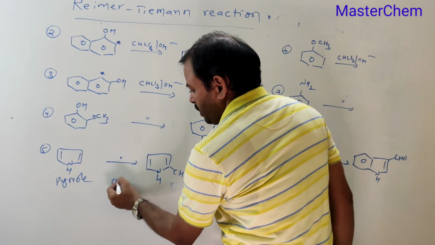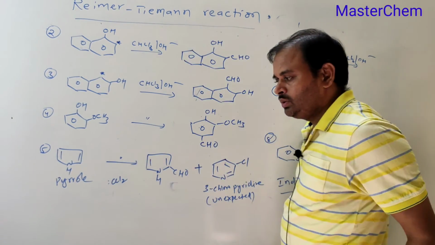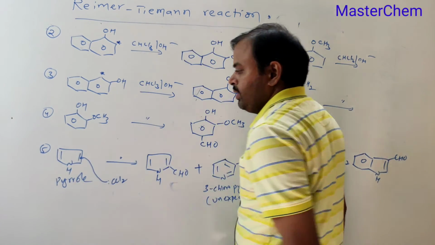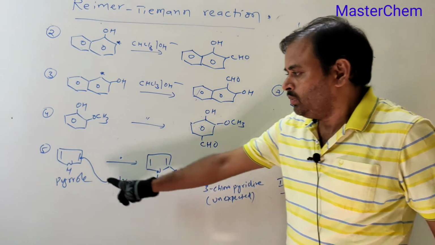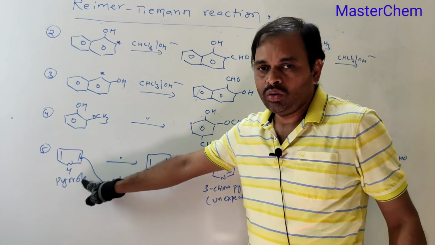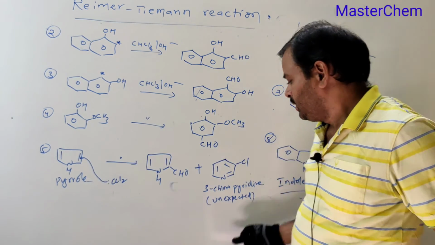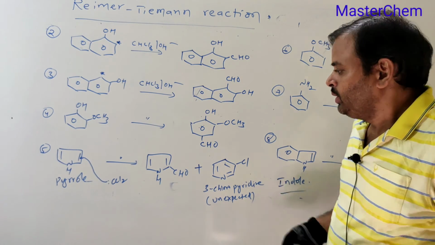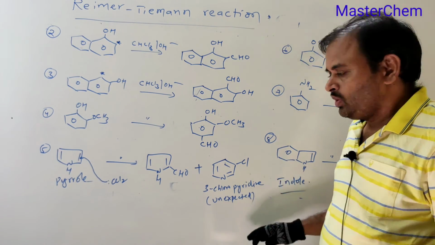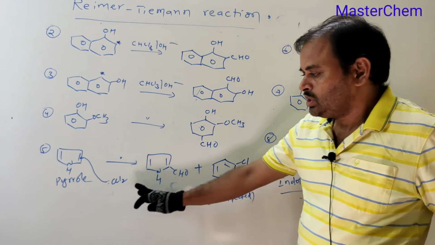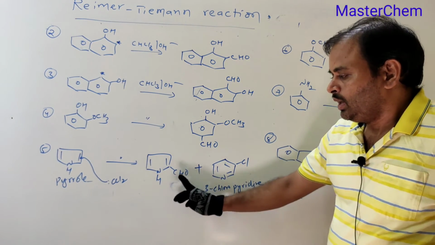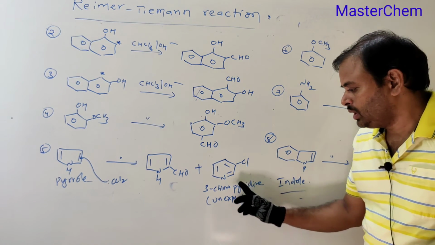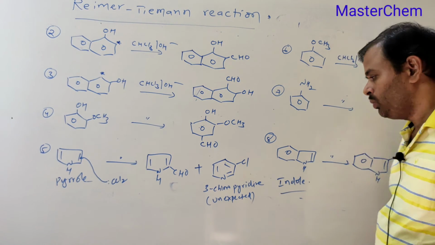We know that dichlorocarbene is the intermediate. This dichlorocarbene directly forms a bond with the double bond of pyrrole, and that results in 3-chloropyridine. That mechanism we are not discussing here. Just remember, here it is the second position, and the unexpected product is 3-chloropyridine.